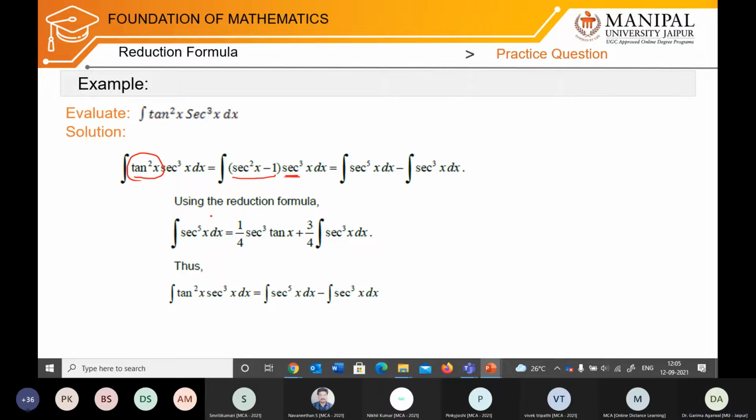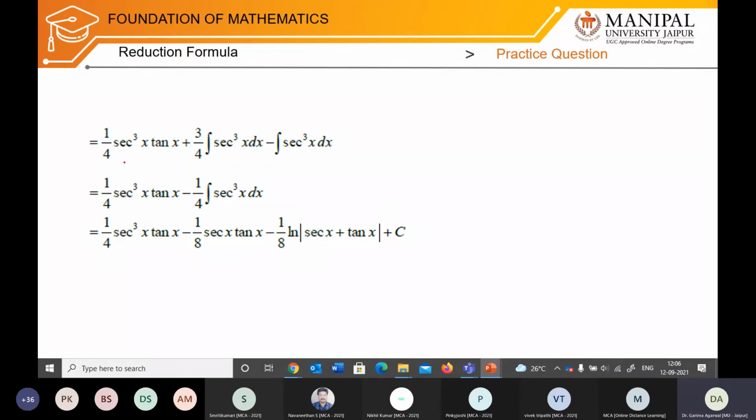Then by using the reduction formula, we can write the value of integration sec raised to 5x dx. This is the standard formula, right? So the integral is integration of sec raised to 5x minus integration of sec cube x.